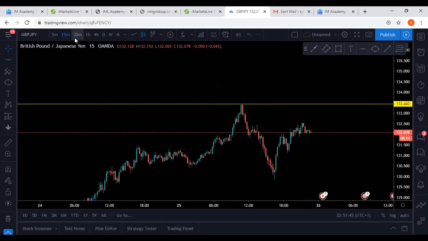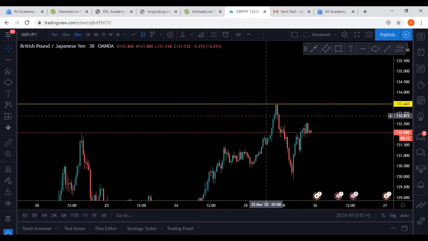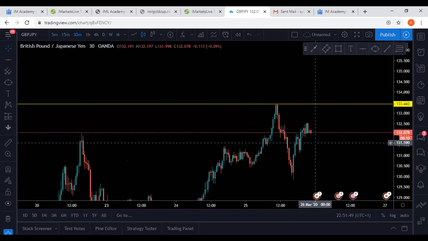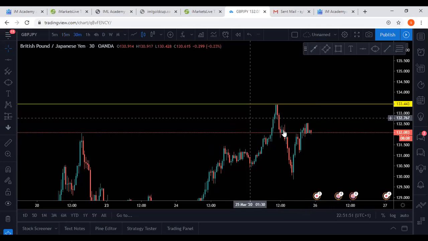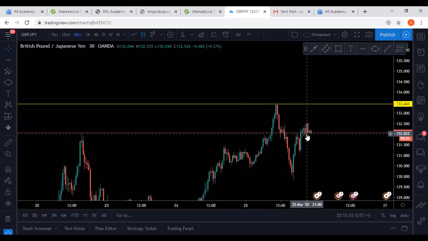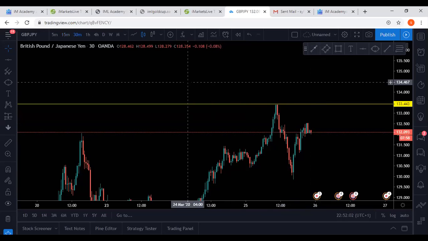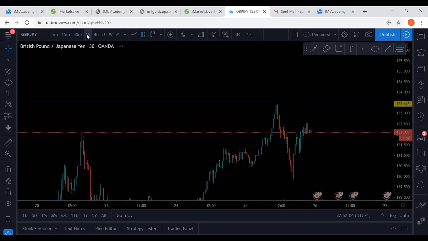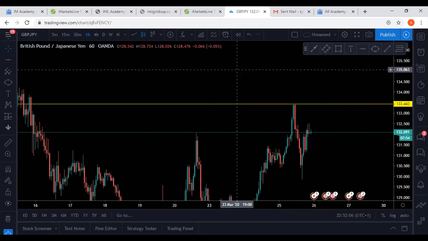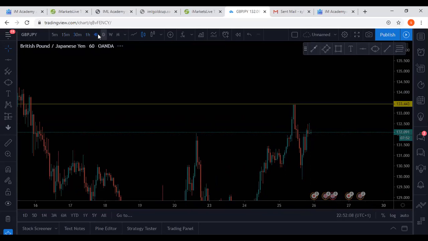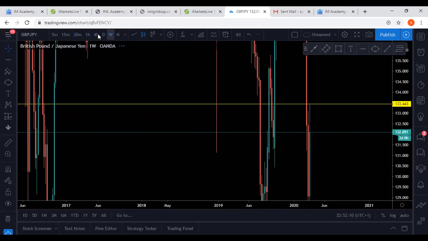For 30 minutes, every candle takes 30 minutes to form, right? So right here you can see it was formed at 9, the next one 9:30, the next one 10, and the next one 10:30. If I switch to 1 hour, every candle takes 1 hour to form. And then it goes on like that: 4 hour, daily, weekly, and on and on.